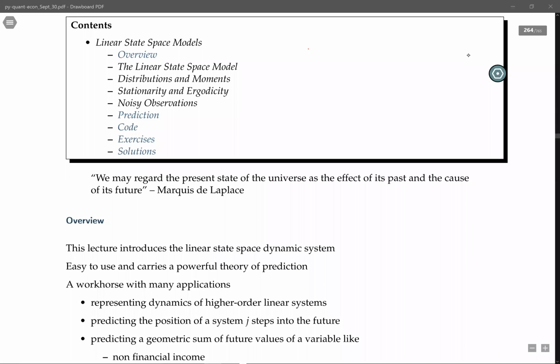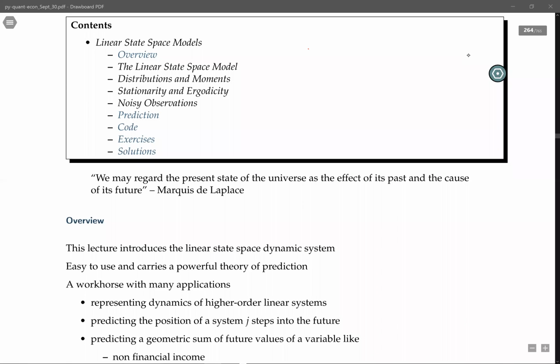So today what we're going to do is we're going to build some tools that are going to be very useful in this class, but more generally. They're some of the most powerful tools in general analysis of dynamic systems, but also in the analysis of particularly dynamic economic systems.